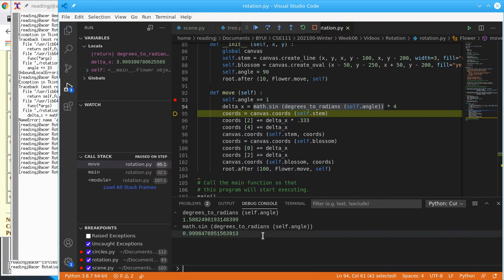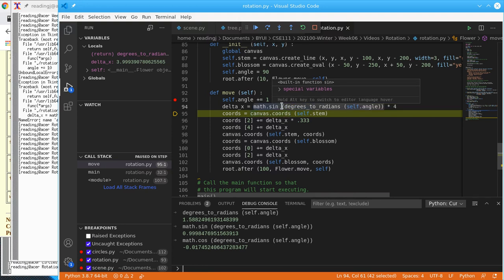Sine is 0.9. I've still got the wrong one. Sine, that's y, yeah. So it should be cosine. Cosine would be 0. So if I repeat this with cosine, see, this is the thing now, I can type my own code here. That would be that much. Okay. So my instinct was right.